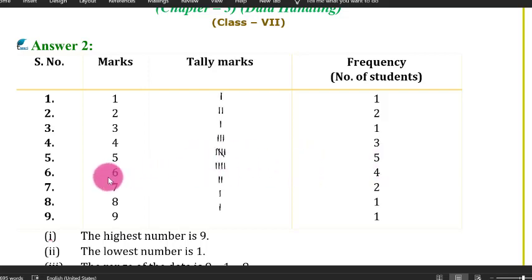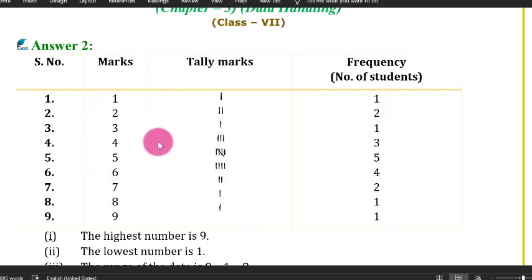For 6 marks, 4 students, so the tally is 4 and the frequency is also 4. For 7 marks, 2 students, so the frequency is 2. For 8 marks, 1 student, and the frequency is also 1. And for 9 marks, 1 student, and the frequency is 1 here.